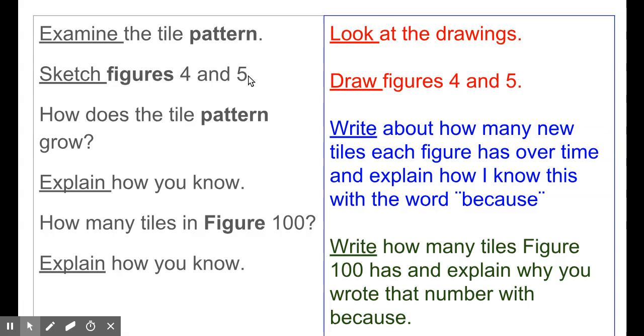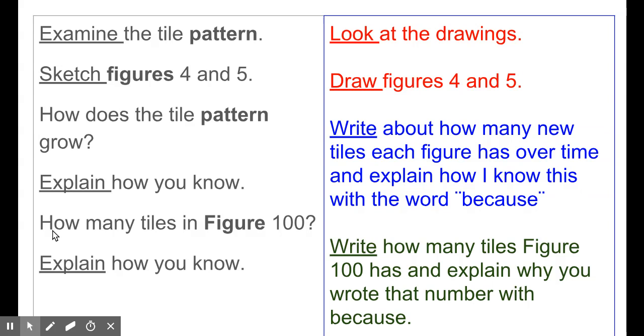Sketch figures 4 and 5 is really draw figures 4 and 5. And then how does the tile pattern grow? It means you've got to write about how many new tiles each figure has over time and explain how you know this using the word because. When you see the word explain, it usually means that you have to use the word because in your explanation.